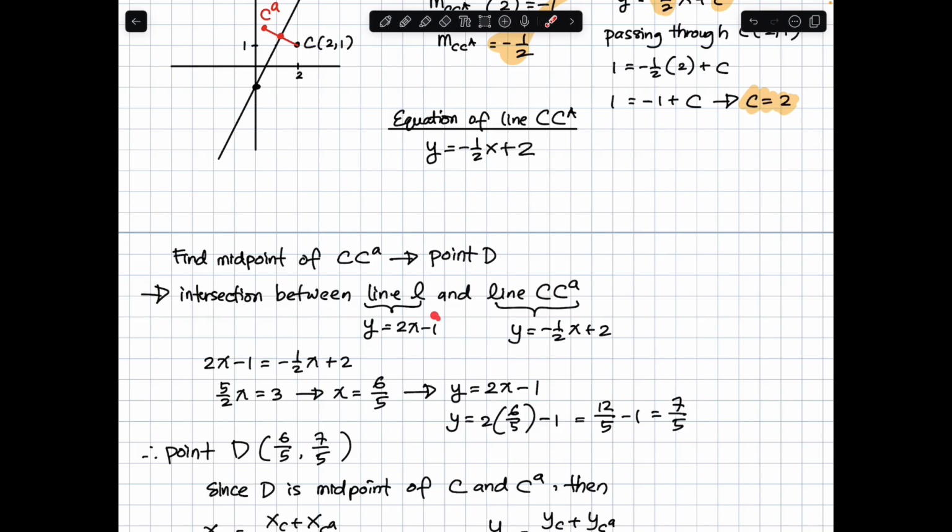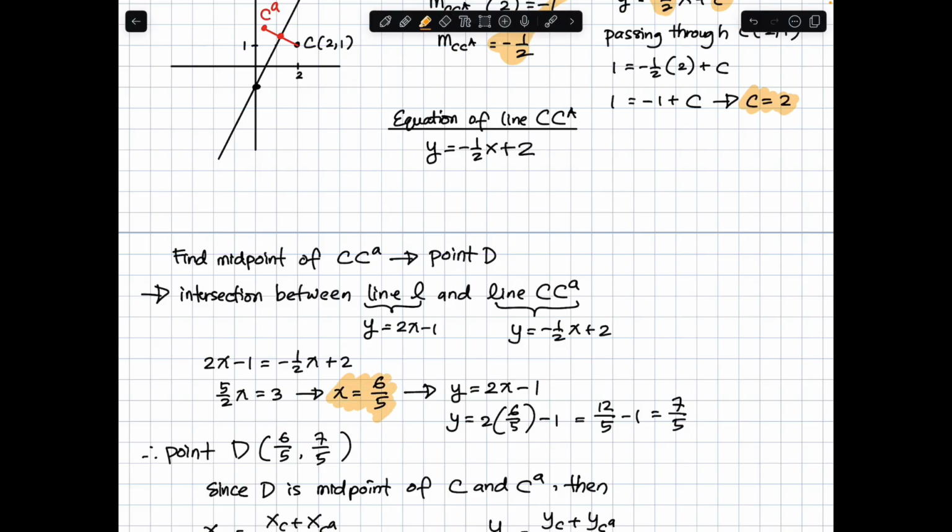This y, I just substitute here, so I got here 2x minus 1, equal to this one. Using very simple algebra, just collect all x to the left and the numbers to the right, I got the value of x is 6/5.